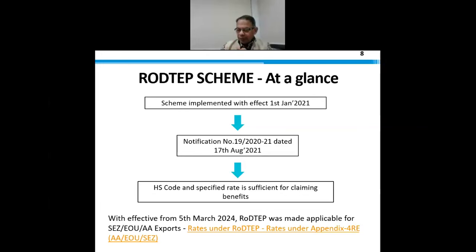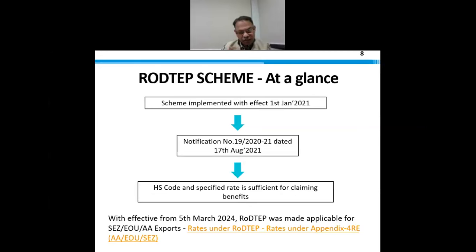With effect from 5th of March, RoDTEP was made available for SEZ, EOUs and advance authorization exports. I had objection to this right from day one because advance authorization doesn't grant me any relief from petroleum taxes or electricity duty. Advance authorization grants me relief from only custom duties. It has nothing to do with taxes covered under the RoDTEP scheme.